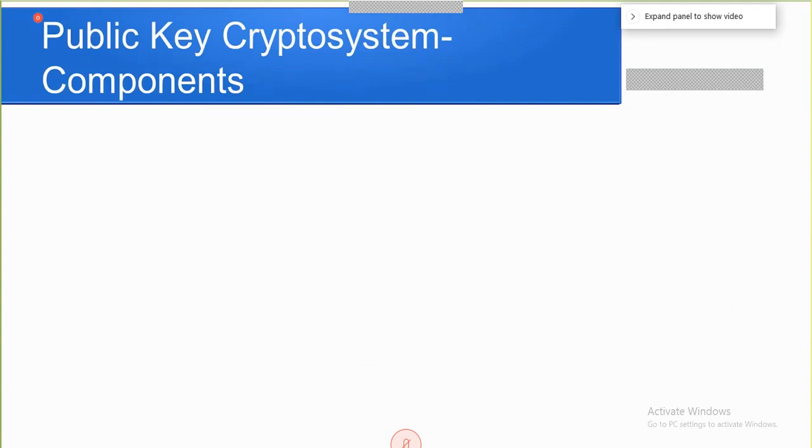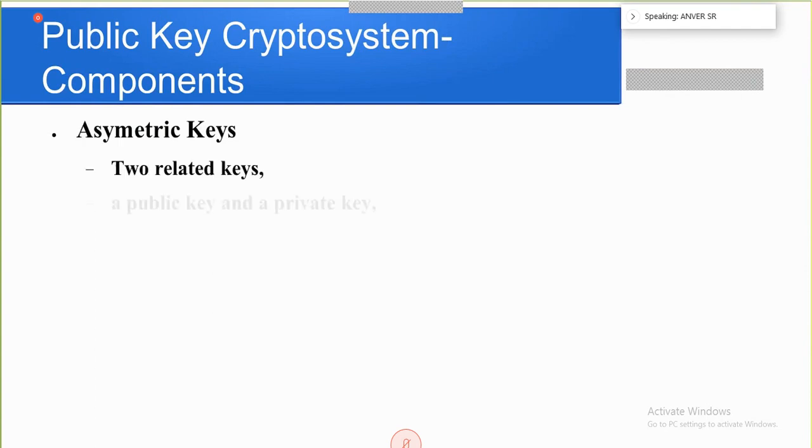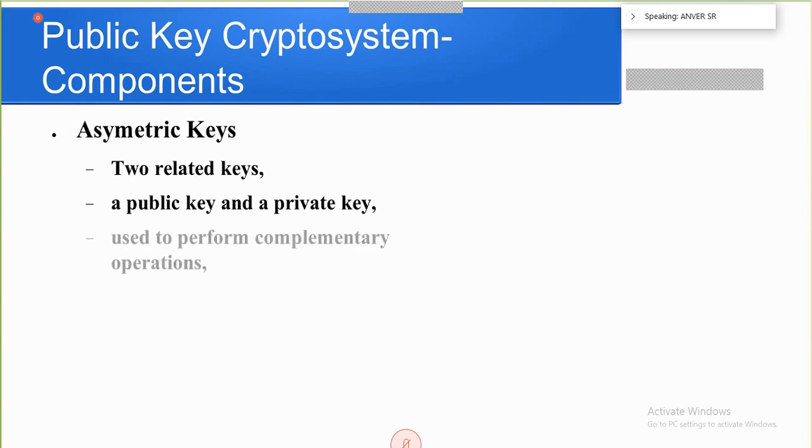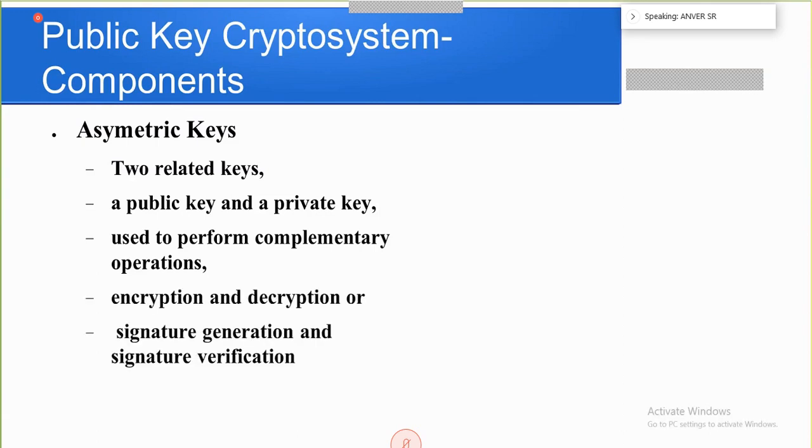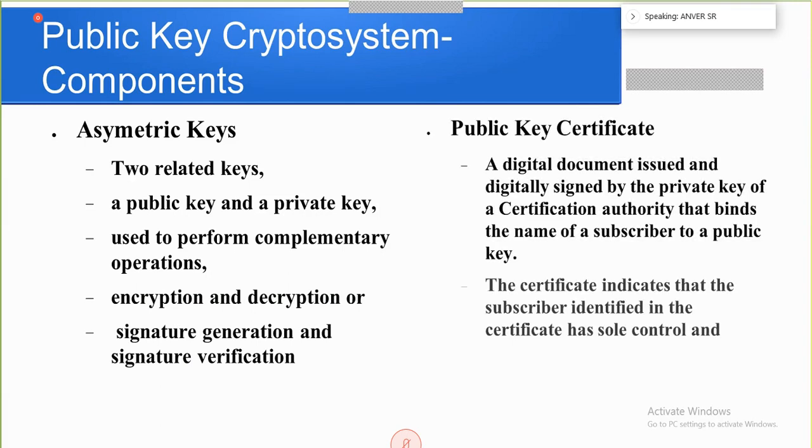Okay. Then next comes the components of public key crypto system. So first thing is there are two related keys. These are called the asymmetric keys. There is a public key and a private key. And these are used to perform complementary operations like encryption and decryption.